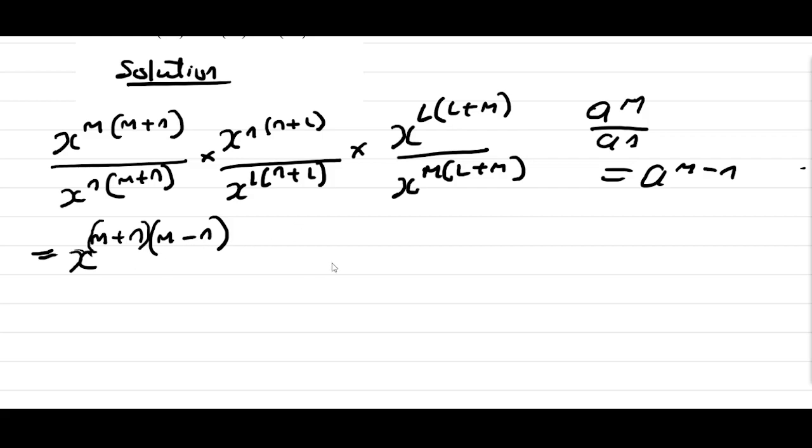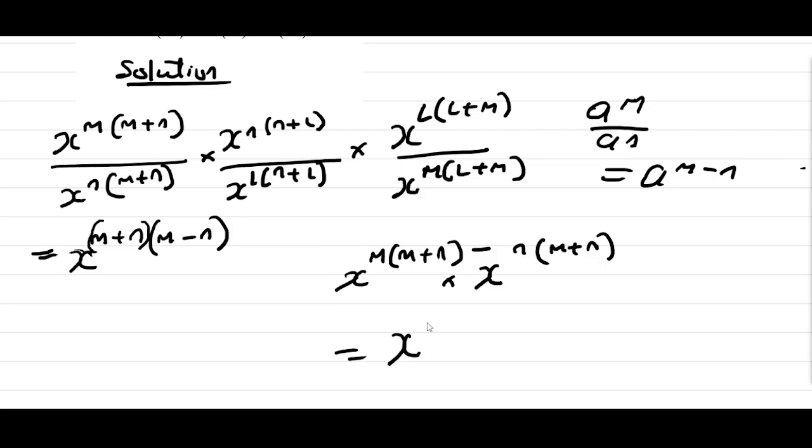Now why we have this expression is because if we have x to the m plus n, and we are multiplying it by x to the negative m plus n, we find that here we have x to the m.